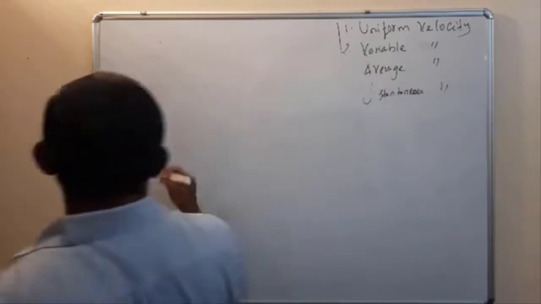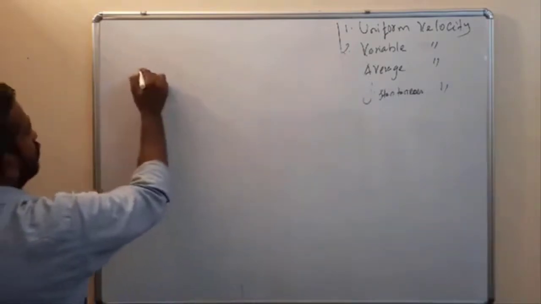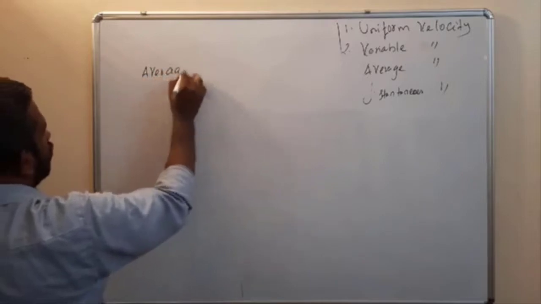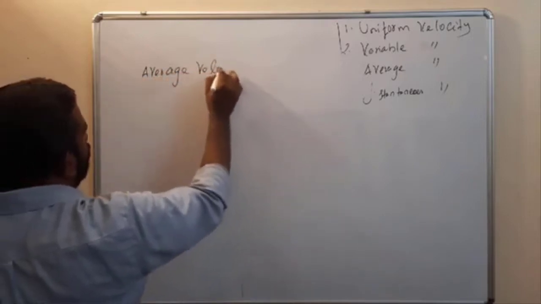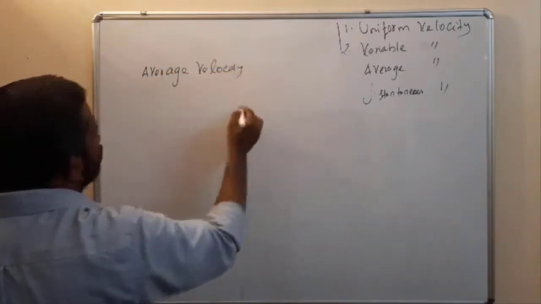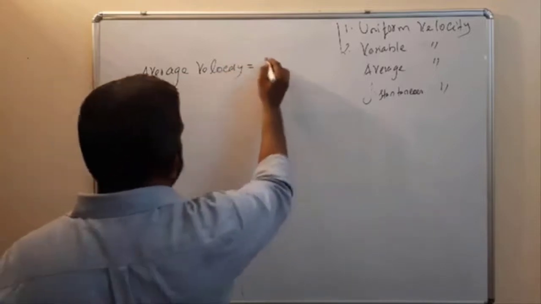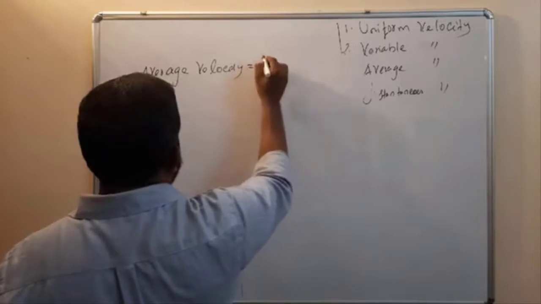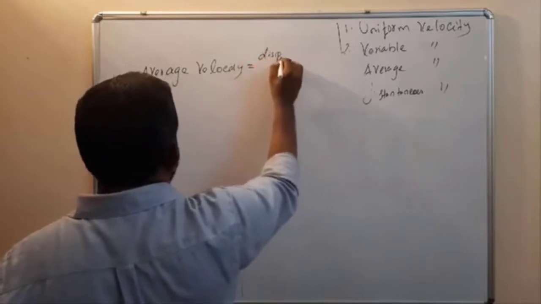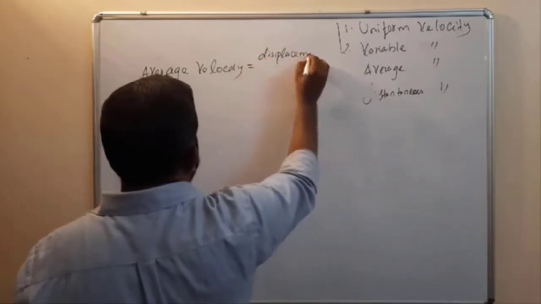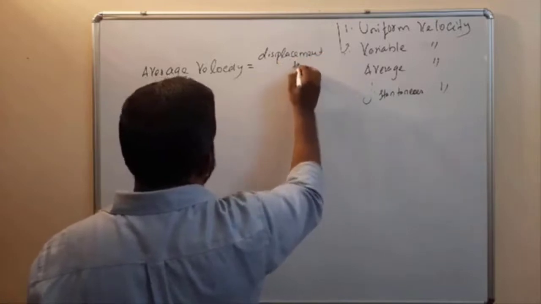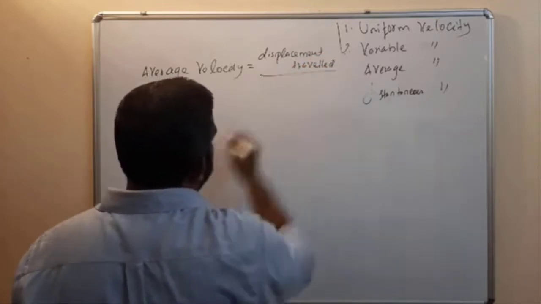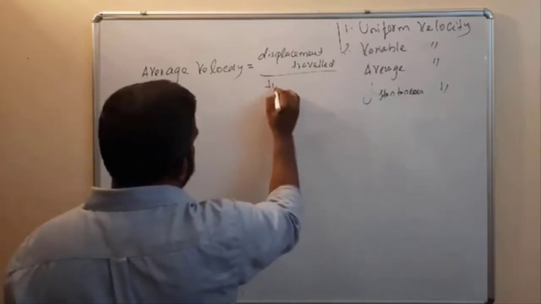So average velocity is equal to displacement traveled by time taken.